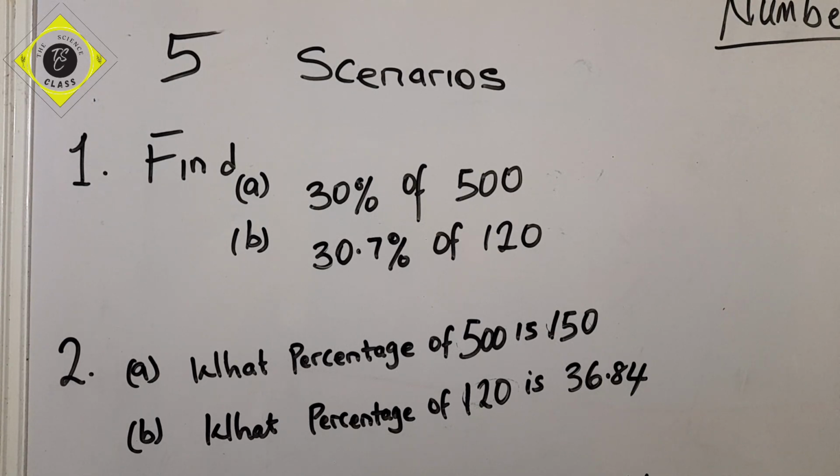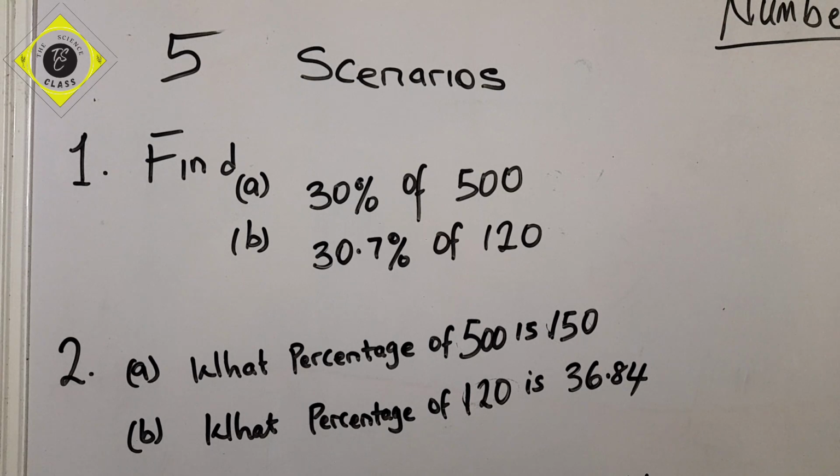So the second example is, what percentage of 500 is 150? Then what percentage of 120 is 36.8? These two scenarios in 1 and 2 usually confuse students. So I want you to watch very carefully while I am solving the solution.